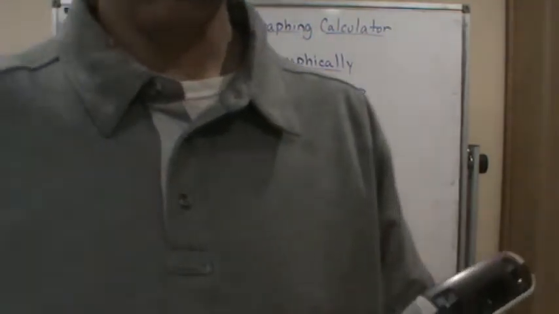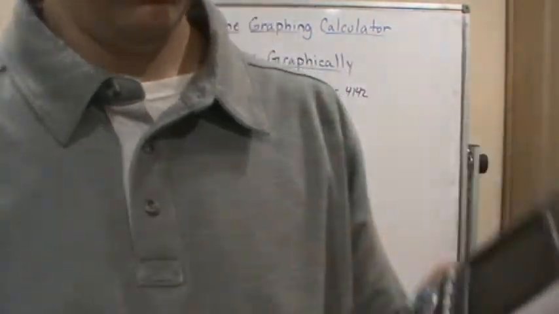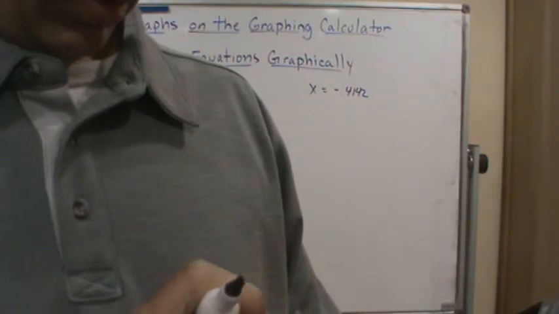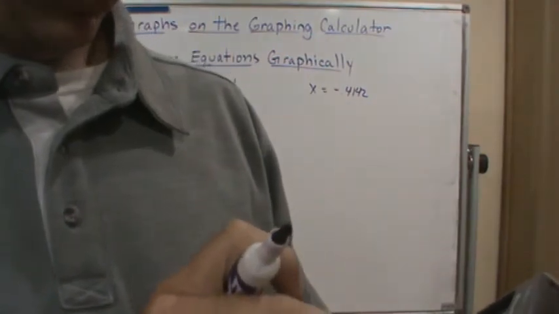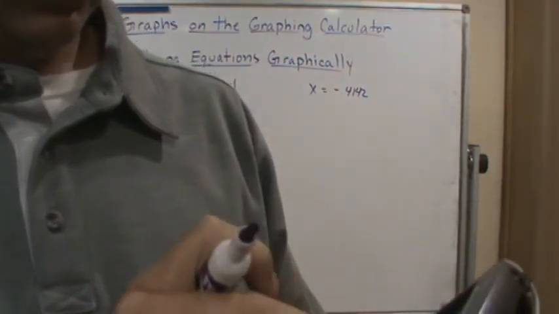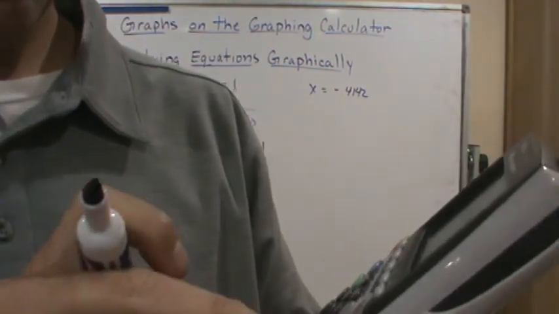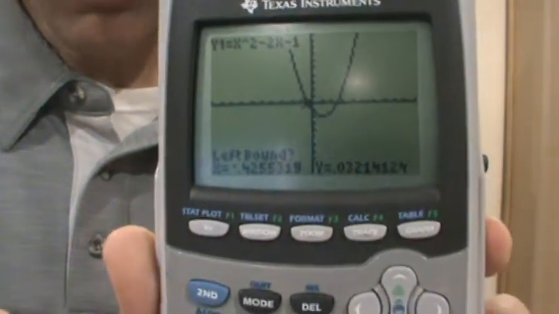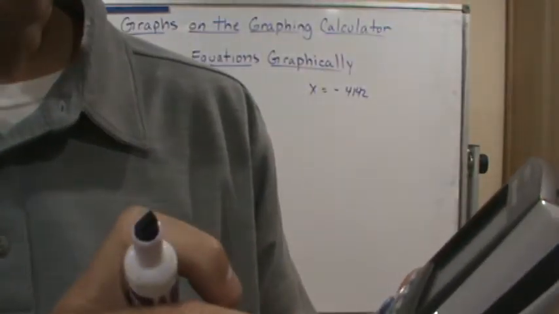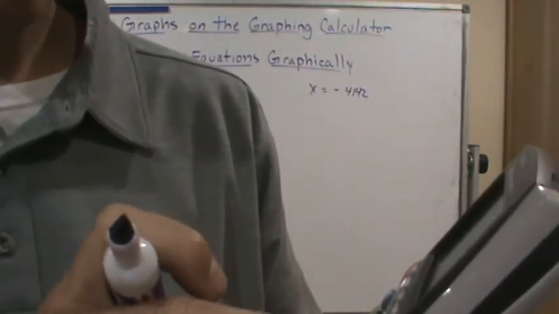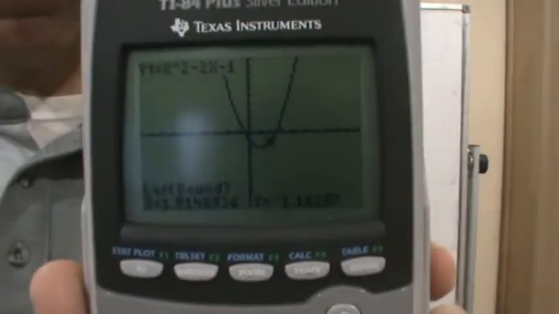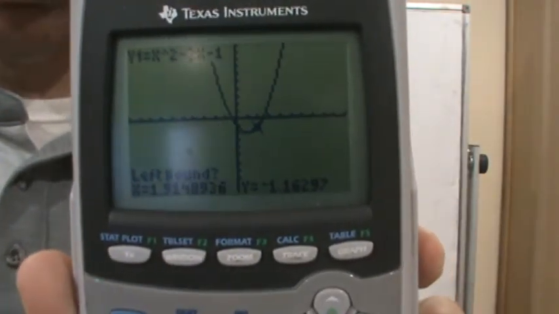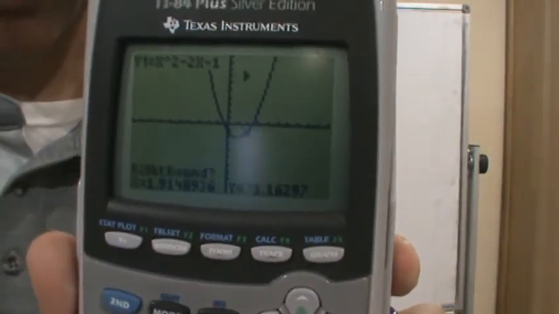Okay, now let's do the other one. Let's go back, again second calc, 0. Now my left bound is over here, so I'm going to hit enter.